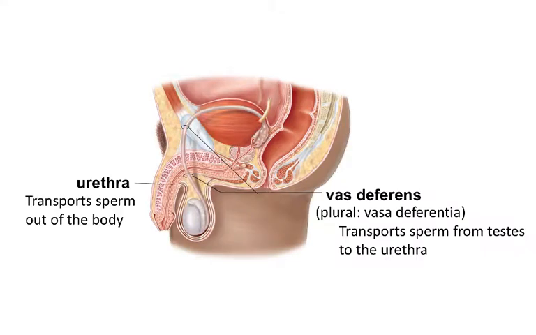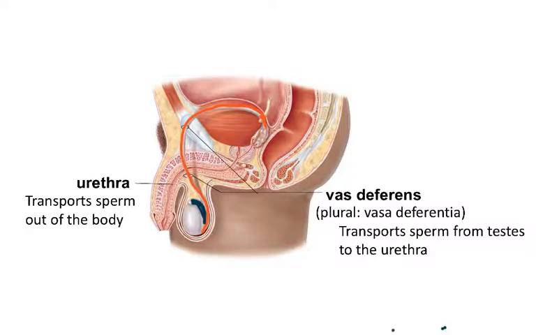The vas deferens are the tubes that carry sperm from the epididymis, here, the epididymis, to one of the first places where additional components are added to semen, and that's the seminal vesicles. The urethra, well, I'll come back to the production of semen in a second.